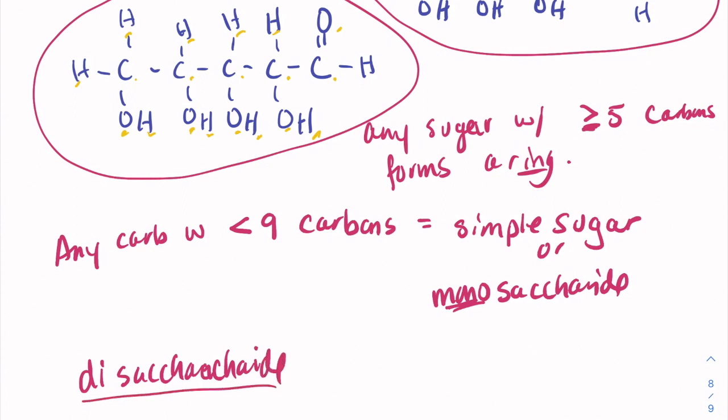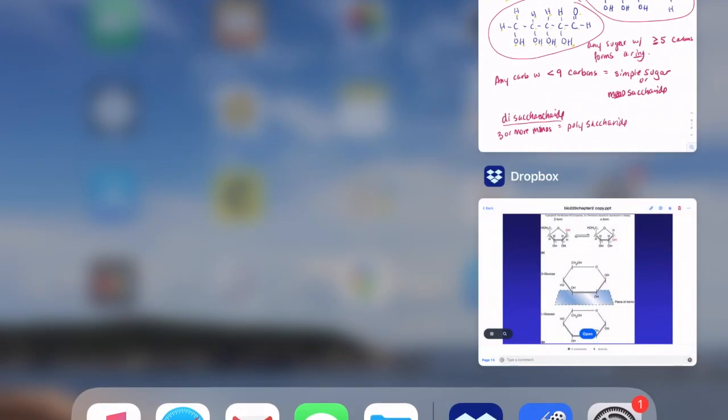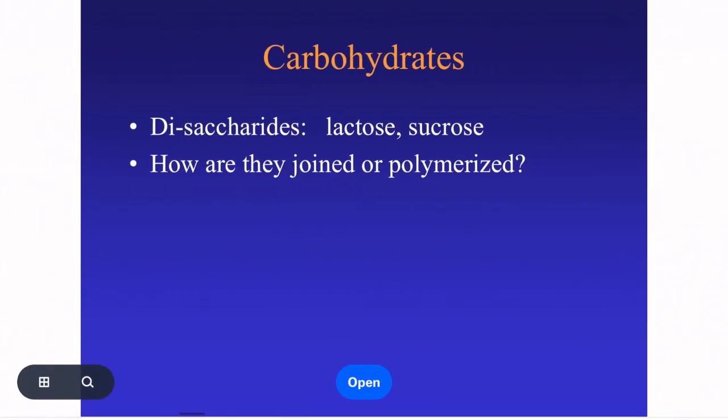And then if we add 3 or more monos, equals what we call a polysaccharide. How are they joined? Okay, disaccharides. Oh, lactose and sucrose. Yes, sucrose is actually table sugar.